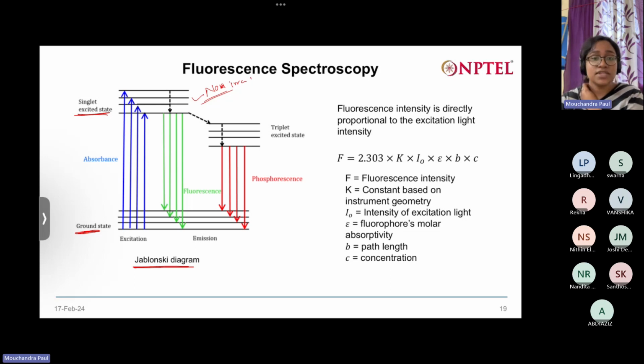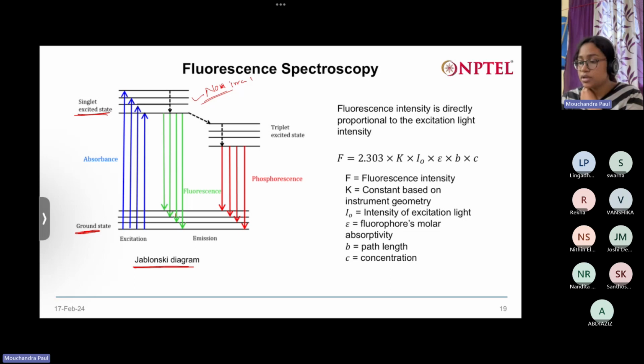When we see fluorescence, the electrons present in the lowest singlet excited state transition to one of the states in the ground state, and only then can we see fluorescence. And the intensity of this fluorescence is always less than the intensity of the light with which you irradiate your sample initially.